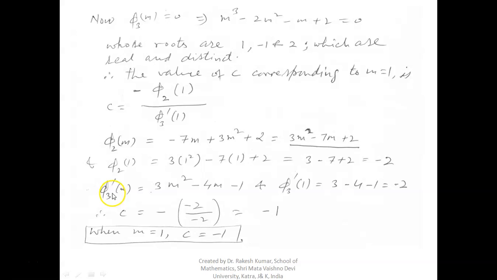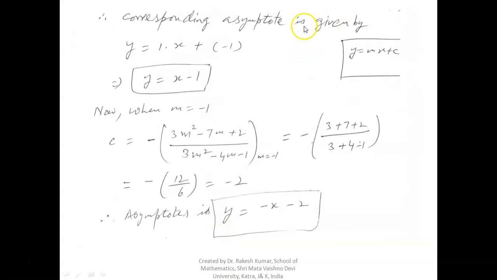Similarly, phi 3 dash (m), the derivative of phi 3 with respect to m, is 3m square minus 4m minus 1, and its value at 1 is again minus 2. Therefore c is equal to minus of minus 2 upon minus 2, which is minus 1. So for m equal to 1, c is equal to minus 1. Therefore the corresponding asymptote is y equal to mx plus c, with m as 1 and c as minus 1, so y equals x minus 1.